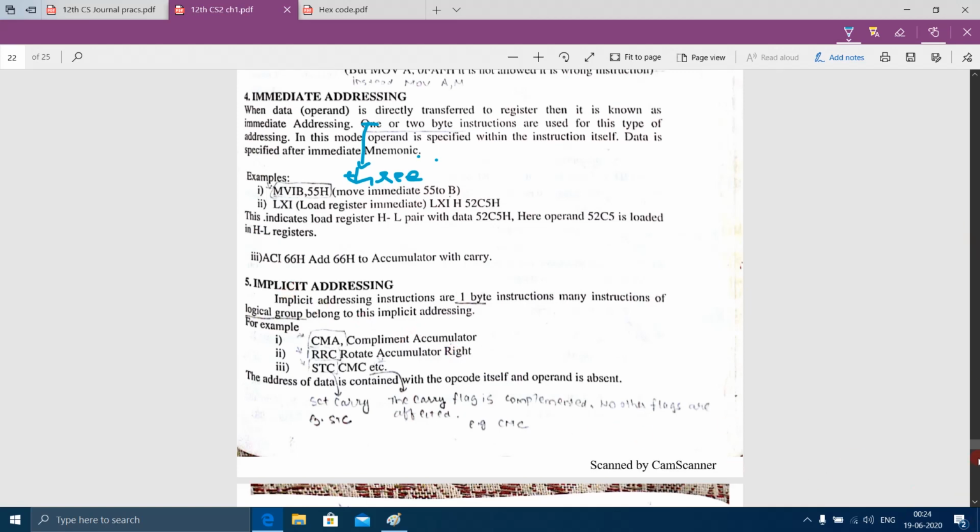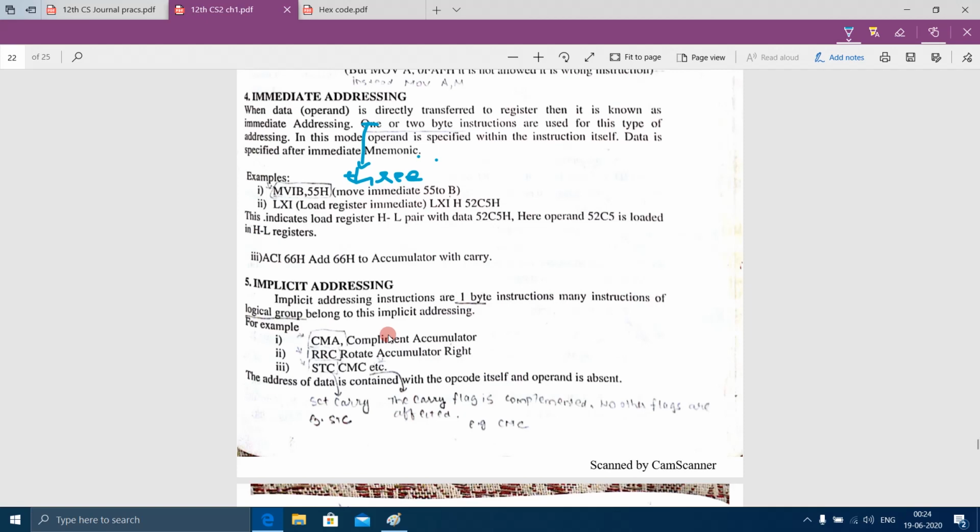Next is implicit addressing. Implicit addressing instructions are always 1 byte instructions. Many instructions of the logical group belong to this implicit addressing. So what is this logical group? When we start with chapter 2, there we will learn that out of those 74 instructions, the instructions are classified into different groups.